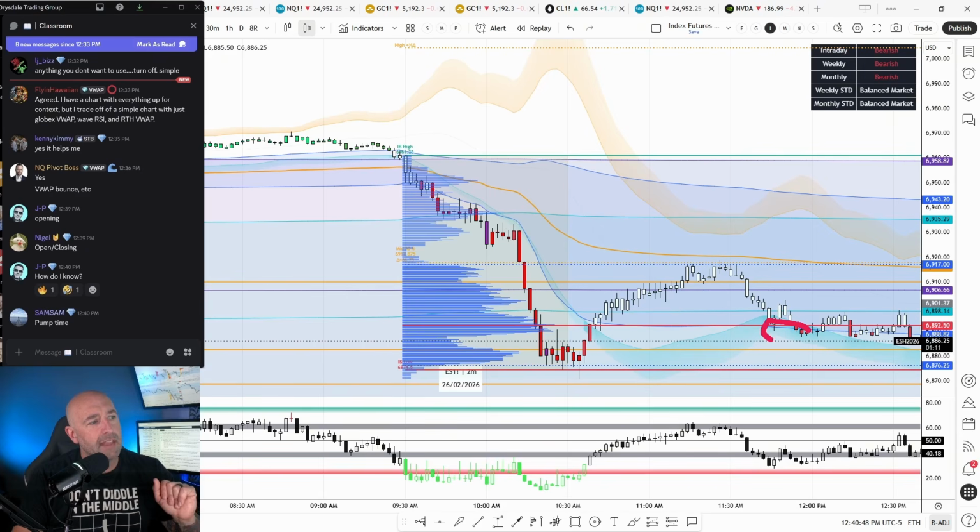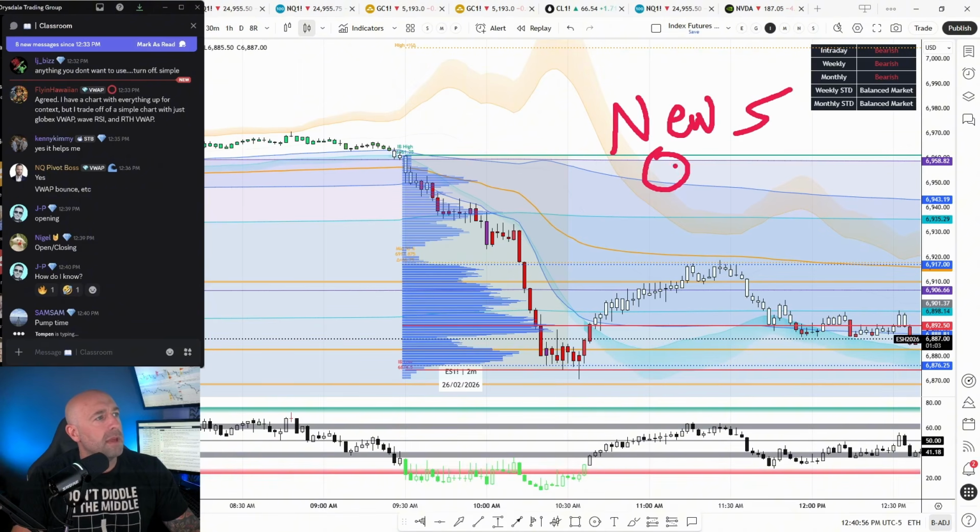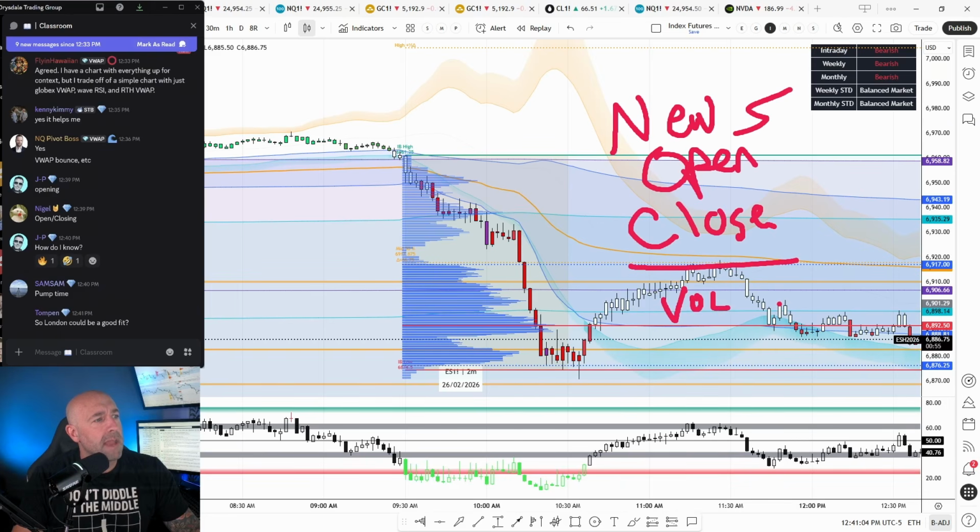That's where we're going to get the best mean reversion trades or fades. Okay, so news, open, close, right? Or any other type of volatility expansion is going to make us think twice about fading the bands.